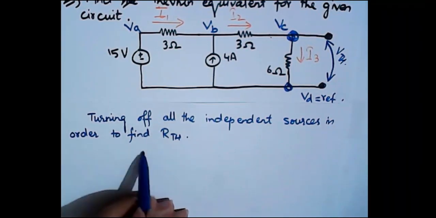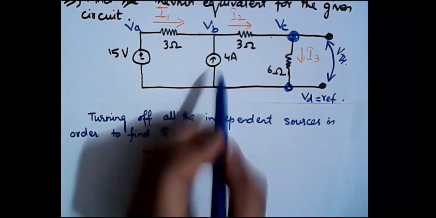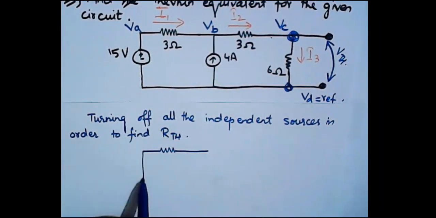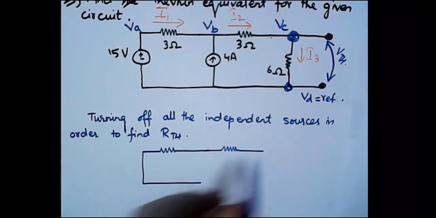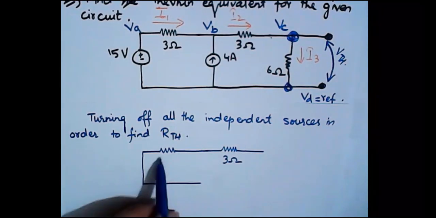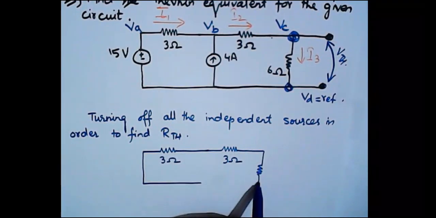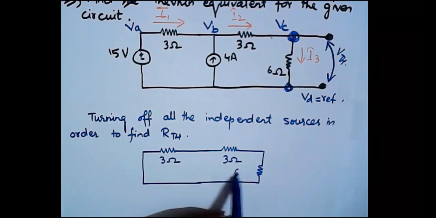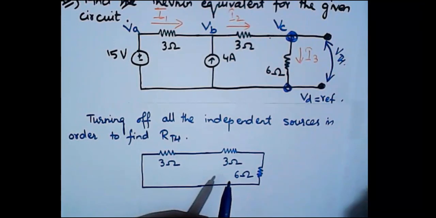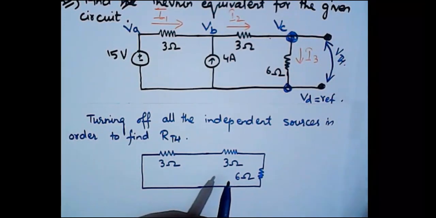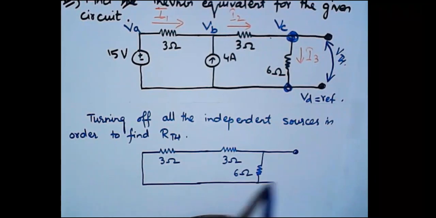So this is where I have the 3 ohm resistance. This branch is open circuited because of the presence of the current source, and then we have a short circuited branch due to the presence of the voltage source, 3 ohms, and then we have this 6 ohms, right? And these are our load terminals.